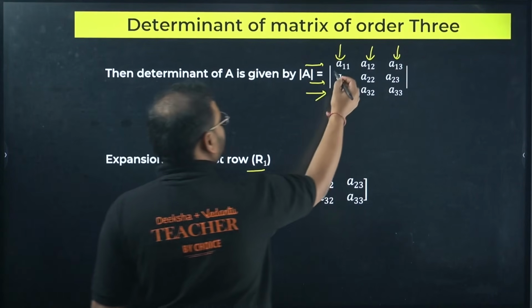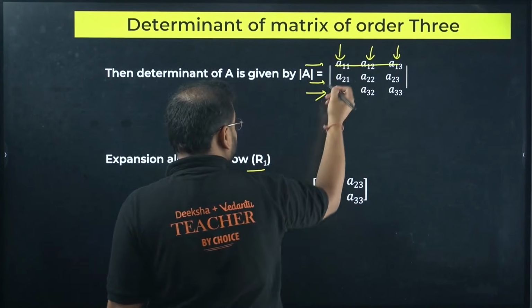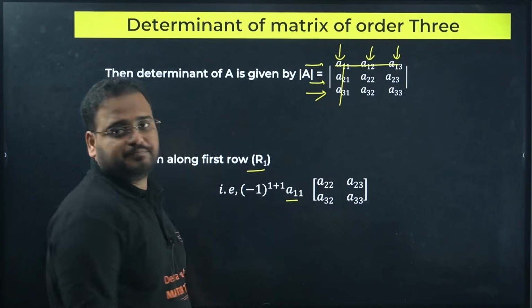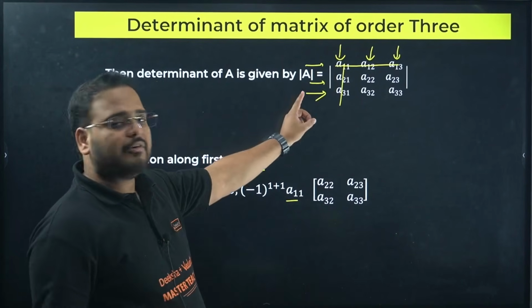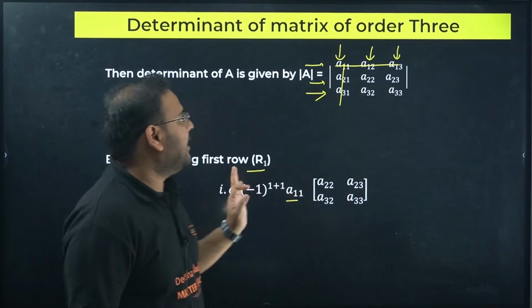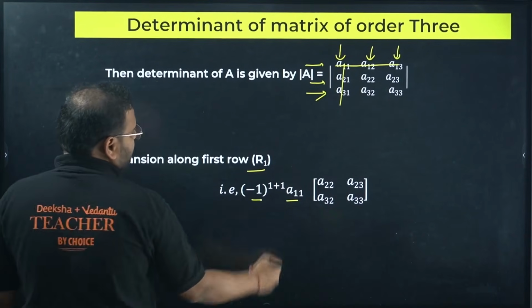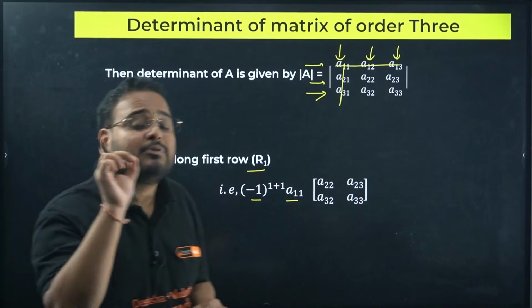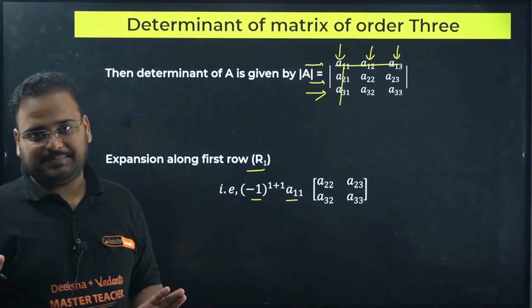This is the first row and the first column. Write the pivot element A11 over here, and the remaining elements become your cofactor, alongside the sign of minus or plus depending upon the element's position as even or odd place.